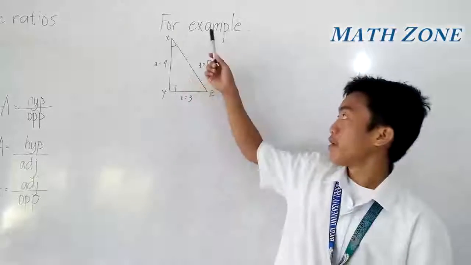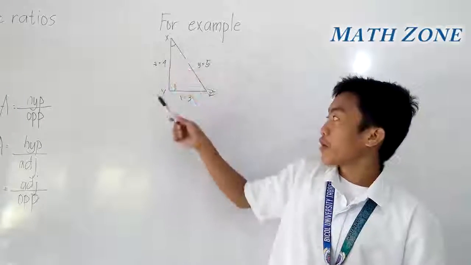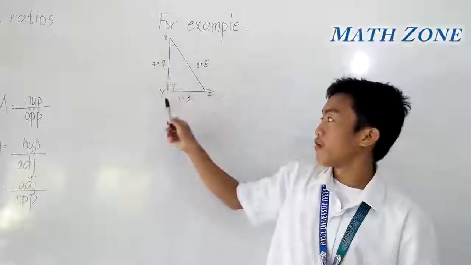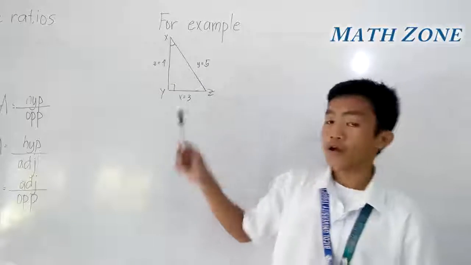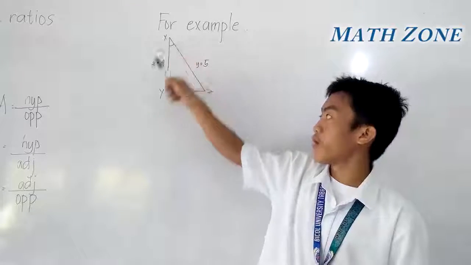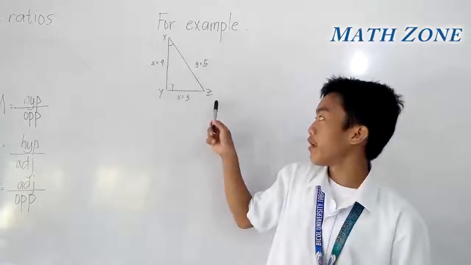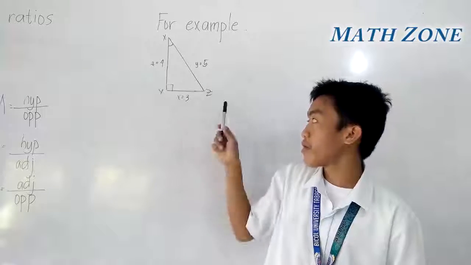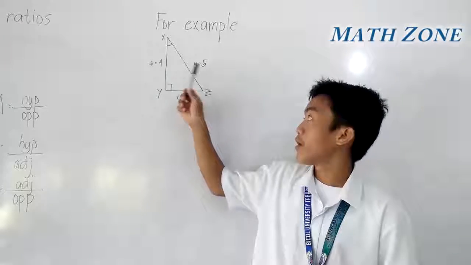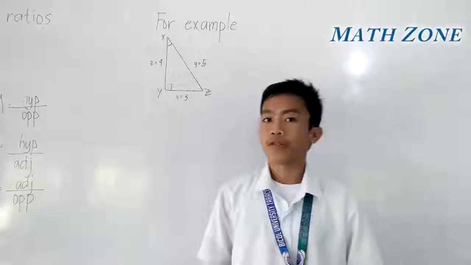For example, in a right triangle XYZ, angle X, angle Y, and angle Z are the angles of the triangle. Line segment XY, line segment XZ, and line segment YZ are the sides, and x, y, and z are their measures.